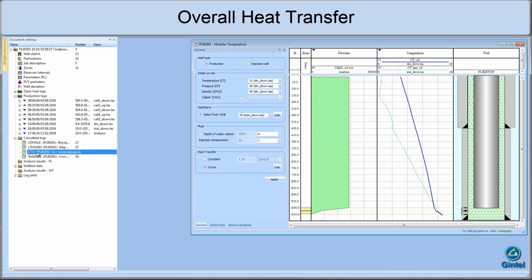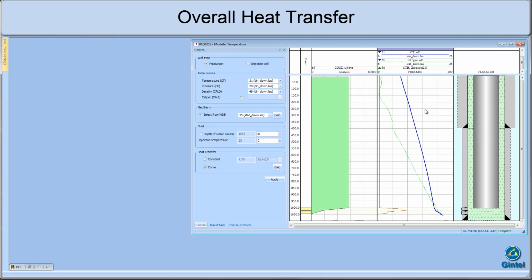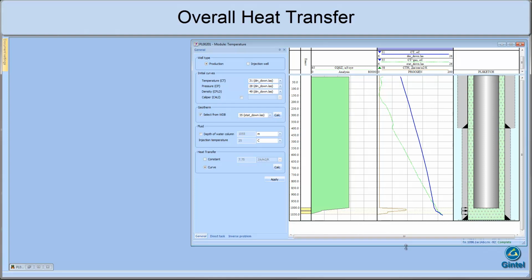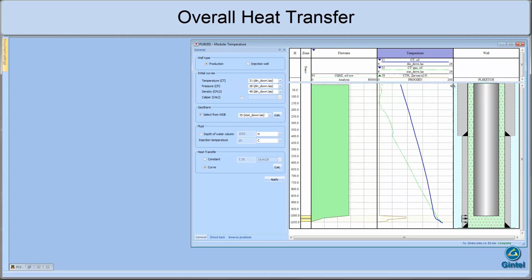As soon as the calculations are completed, we can drag and drop the resulting log to the logs panel and analyze it. We see that the heat transfer coefficient log is not constant over the length of the wellbore, but greatly depends on flow rate, fluid properties, and the well sketch.